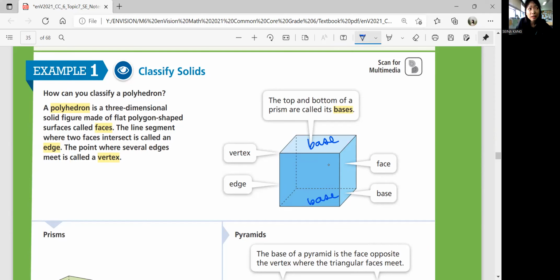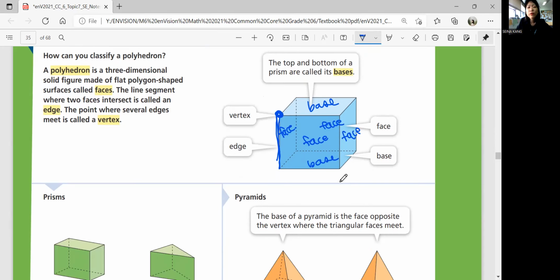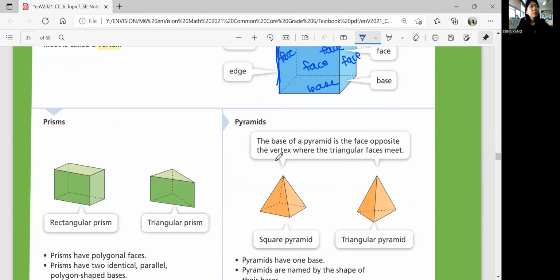That's one face, two faces, another face on the back, and there's a side face over here. It's facing the side. And then your edge is this line. Vertex is this point. So remember those vocabulary words.